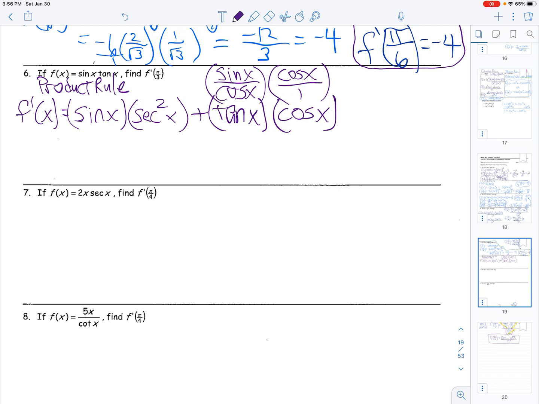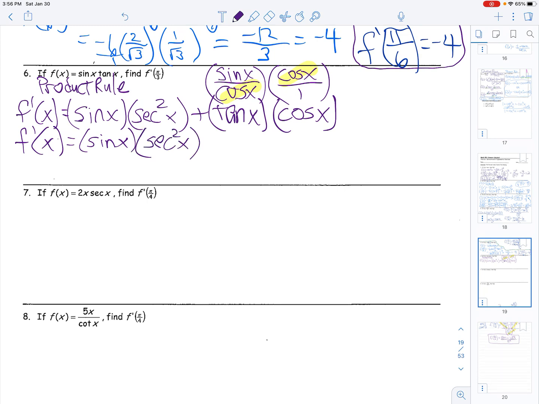There's no way to rewrite sine. So that's what I meant when I said cosine is cosine. But I think we can simplify that, right? Sine over cosine multiplied by cosine. Right, you can cross out those cosines, so you just have a sine of x over there, right?